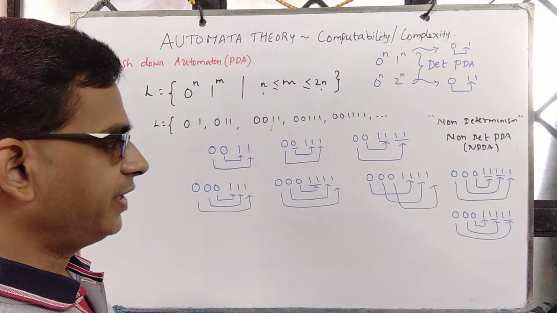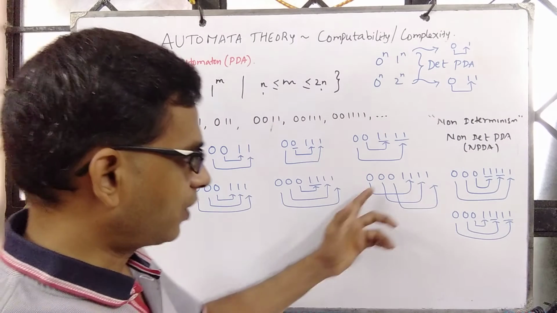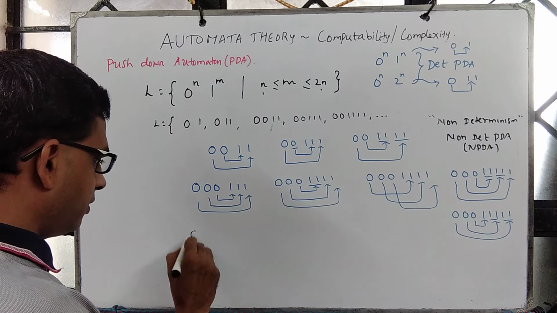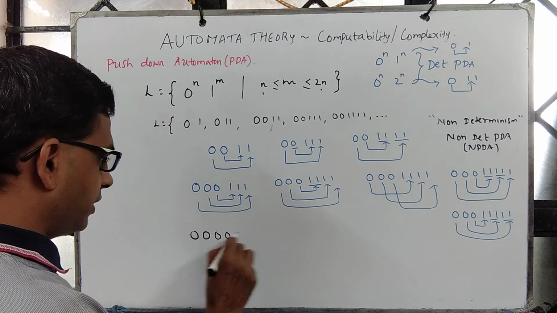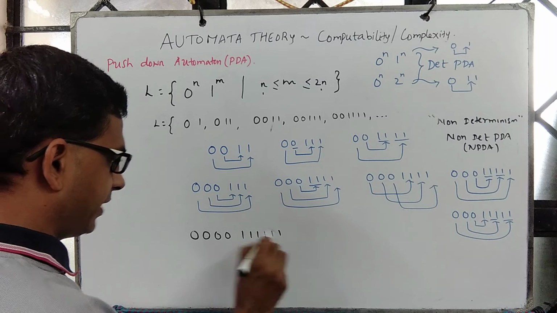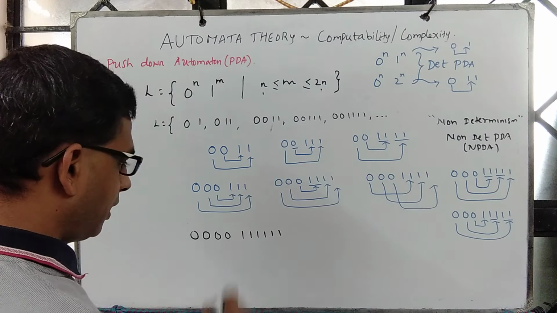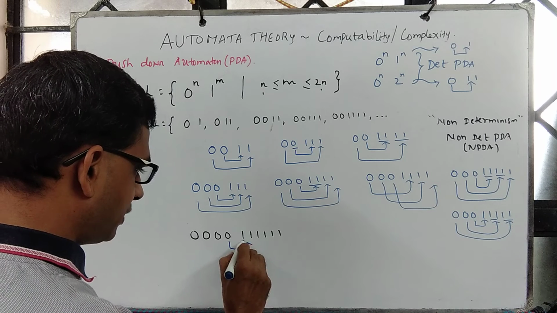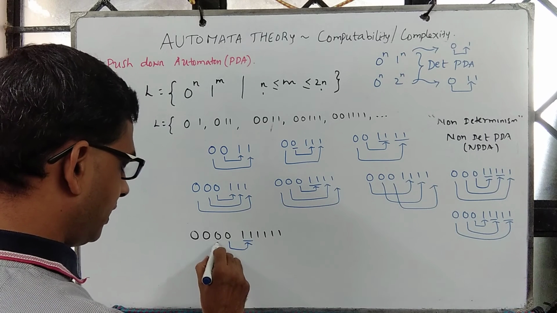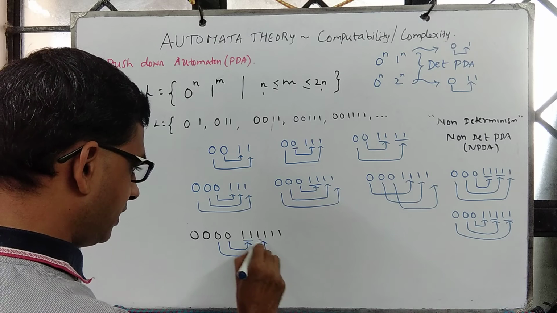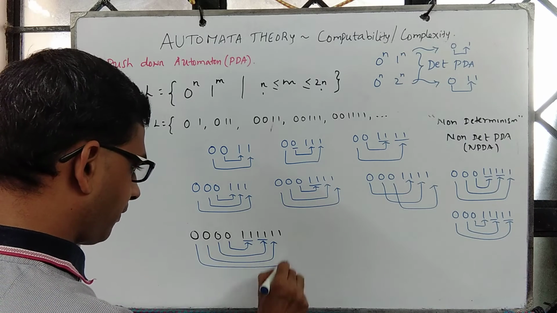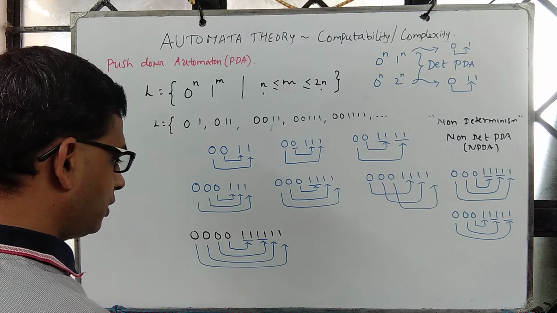And most importantly, you see that for all these inputs, now you look at one more, say 4 zeros followed by something like this. Now I can associate a pair of ones for this and a pair of ones for this, then maybe 1 1 for this. Or you can also do it this way.